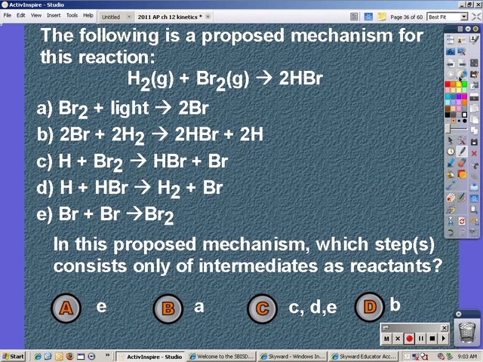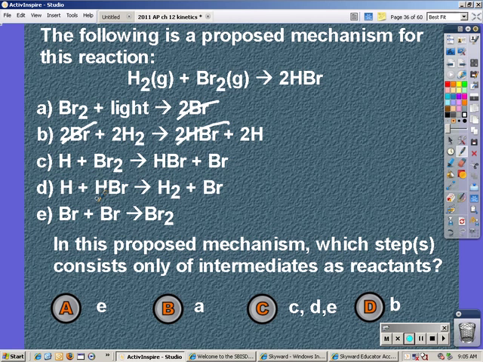Go ahead and pause the iPod and try this one. Figure out which ones are intermediates. Okay, so for this we're going to have to cross out each substance that is the same on both sides. So we have 2 bromines.